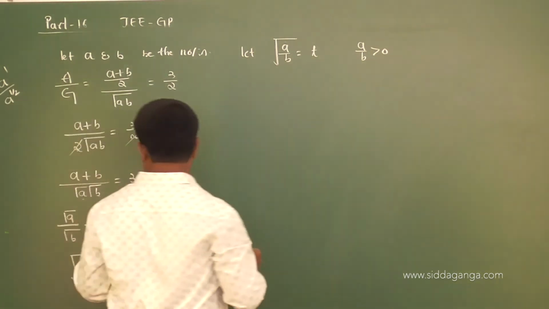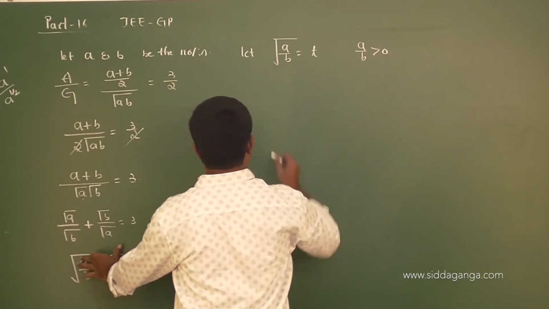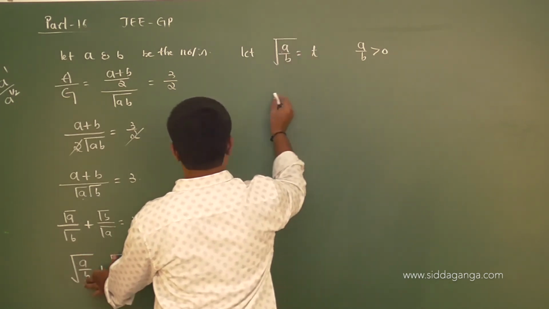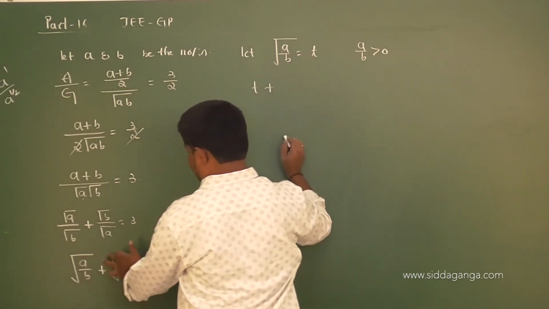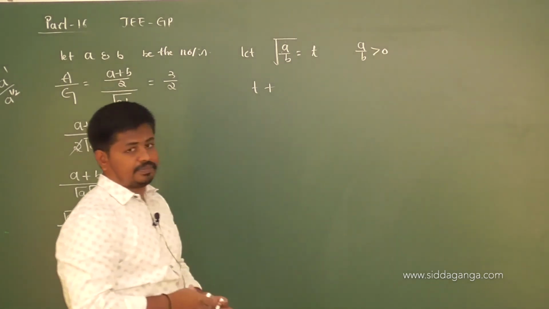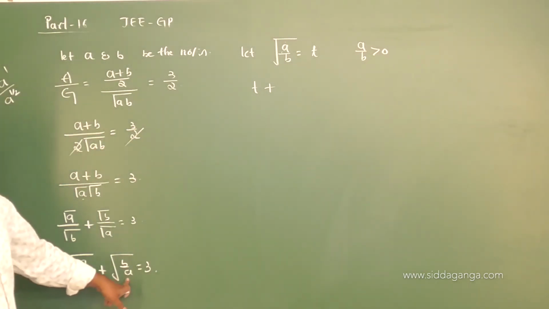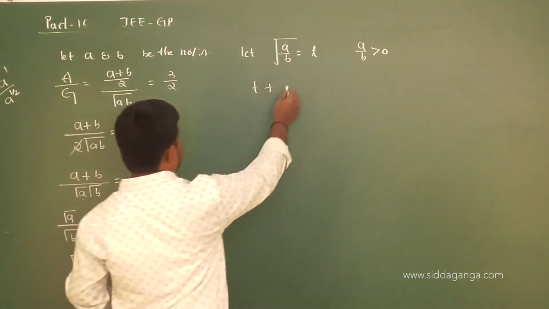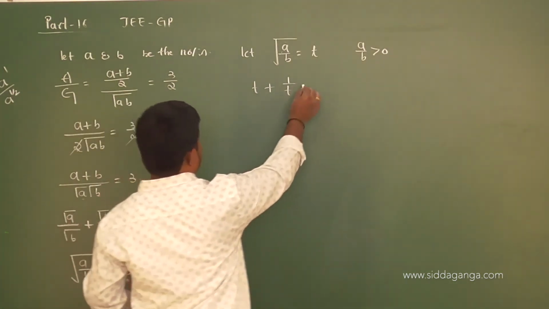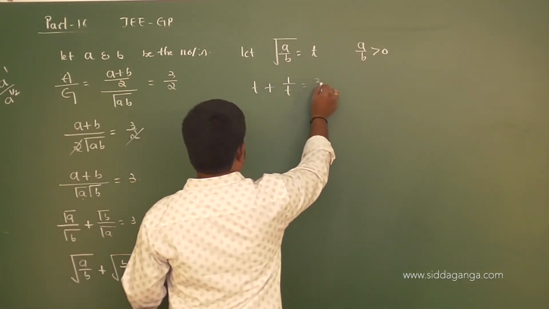Now, if root A by B gives t, then what does root B by A give? 1 by root of A by B, no? Root B by A is the same as 1 by root of A by B. Hope you got it, students. So therefore you get 1 by t is equal to 3.